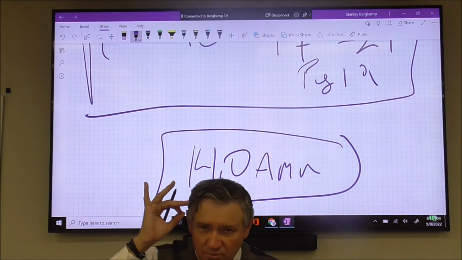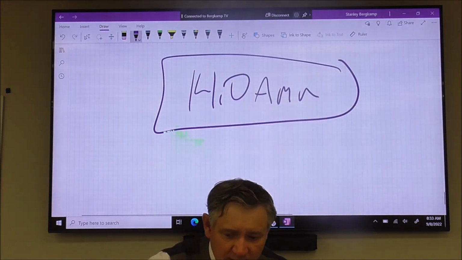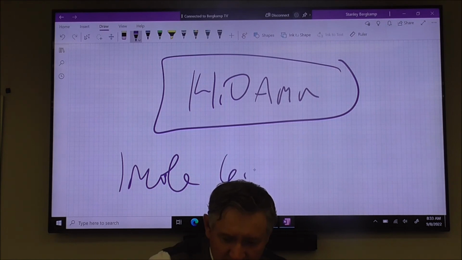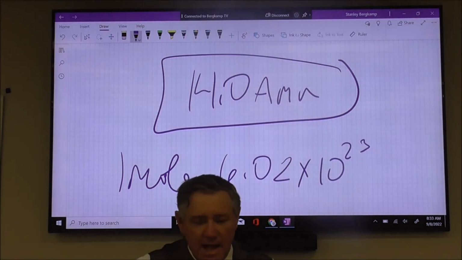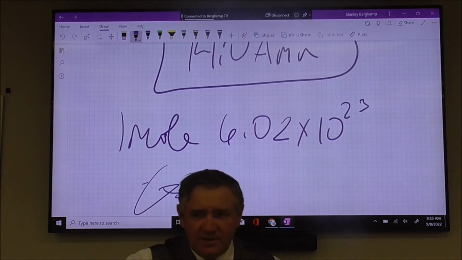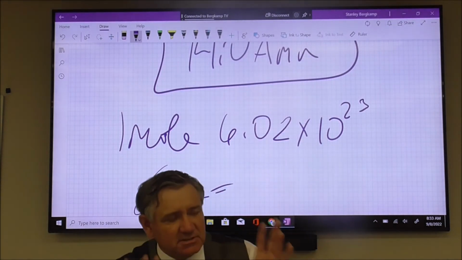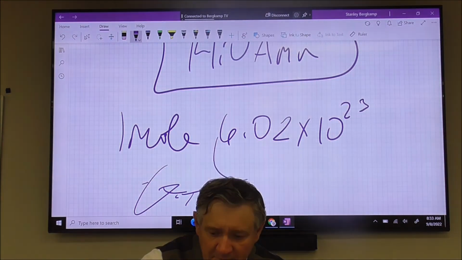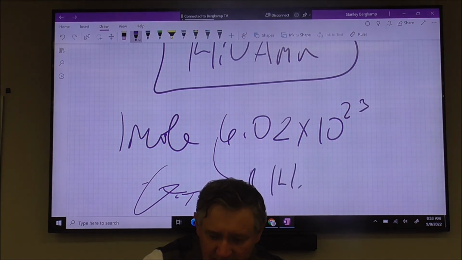If you want the actual mass of a nitrogen atom, if you have 1 mole of nitrogen atoms, you have 6.02 times 10 to the 23rd atoms of nitrogen. Within this sample, you've got billions upon billions of nitrogen atoms, and if you add up the mass of all of that, it adds up to 14 grams.